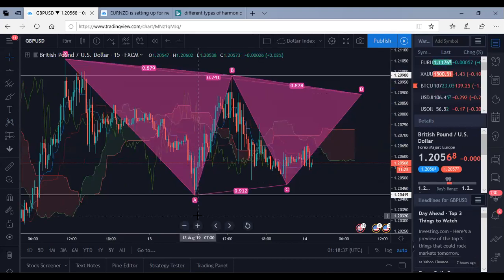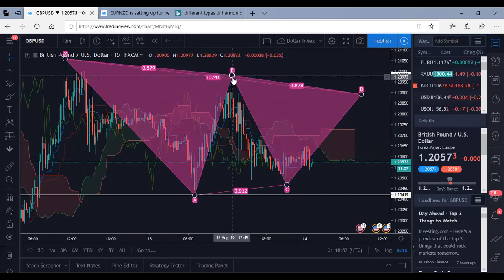On the 15-minute, it's not forming the complete B. Let's look at the B to the C. The Forex candles aren't really going down.